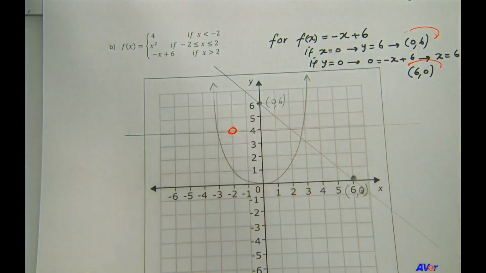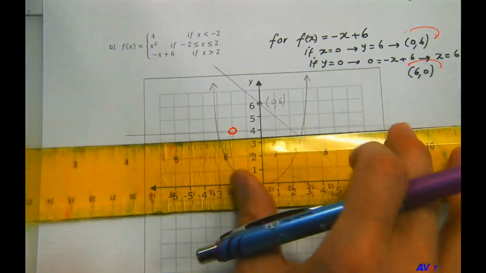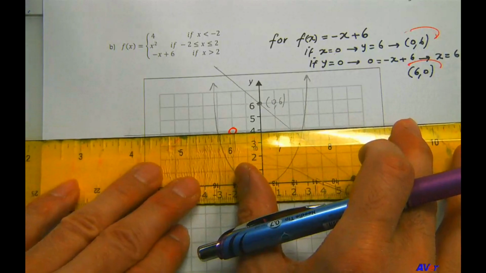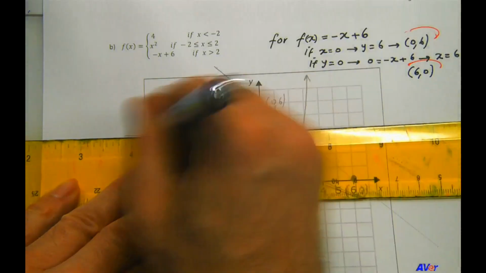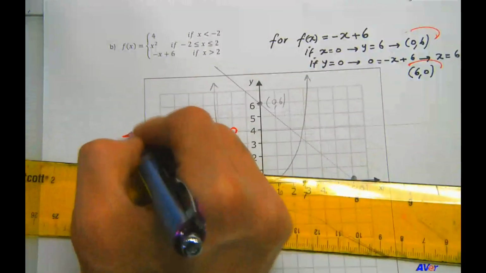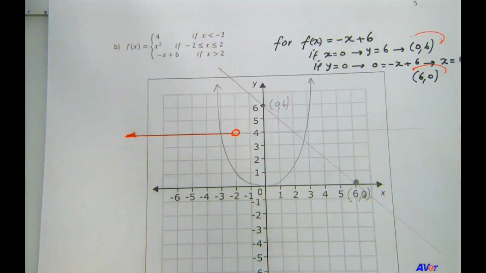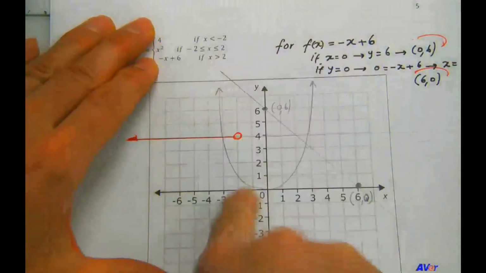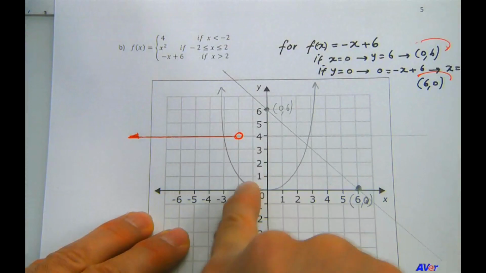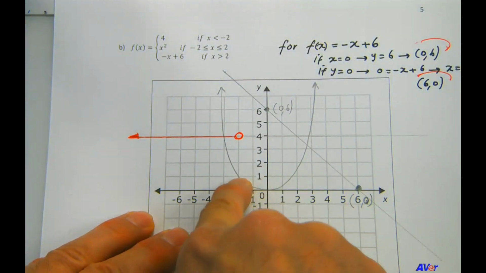And the graph should be this piece. Like that. So this curve should be erased all the way down to where we have negative 2, right there. Okay, so let me do that.